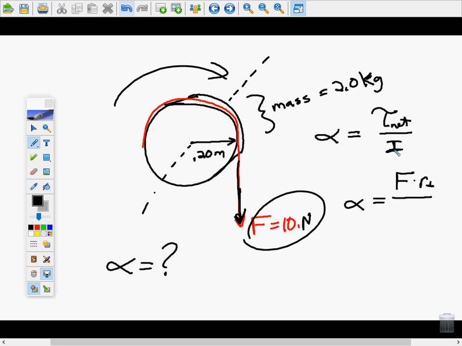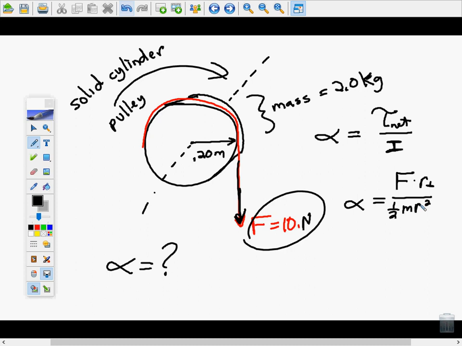But the rotational mass of a solid cylinder, which they would have to tell you this is, follows that special formula 1/2 mr squared. You don't have to memorize that formula. You're usually given a table with the moment of inertia formulas for the various shapes. Now you can be sophisticated and recognize that this r perpendicular and this r here in the denominator, they're the same r, so you can cancel them out and simplify it.